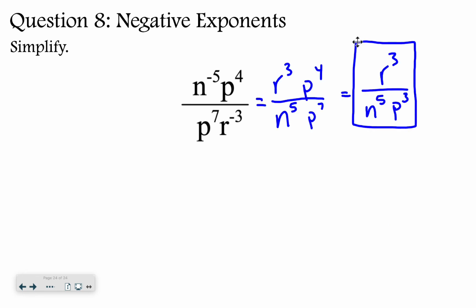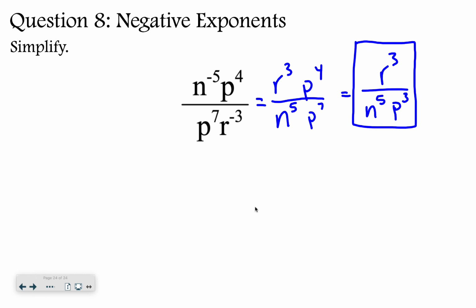All right, hopefully you ended up with r to the 3rd over n to the 5th times p to the 3rd. And that is your final answer. I realized I have one more thing to tell you guys that I haven't said yet in this video. Sometimes students will ask, what order do we have to put the variables in? My personal preference is trying to do alphabetical order on top and bottom.